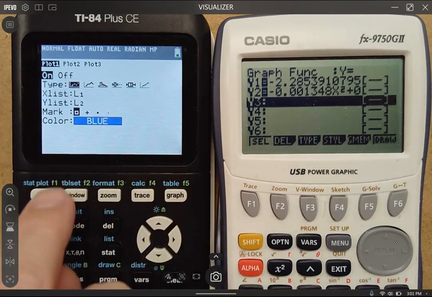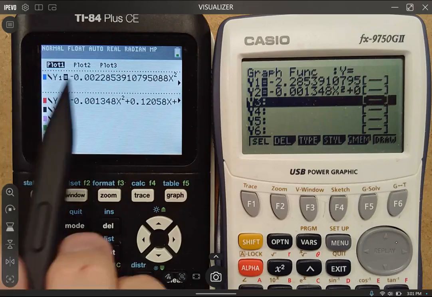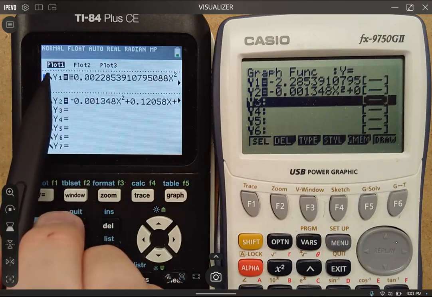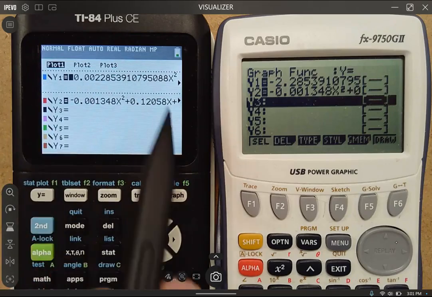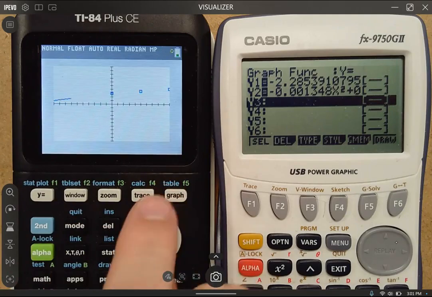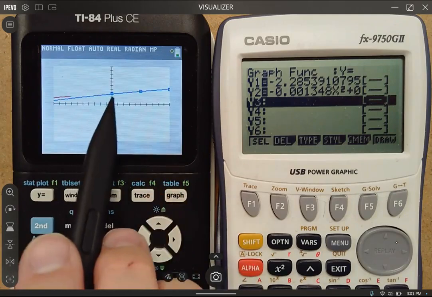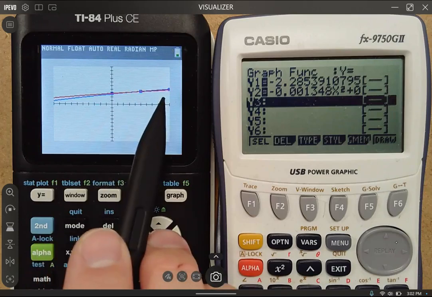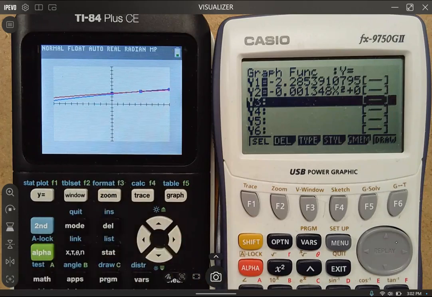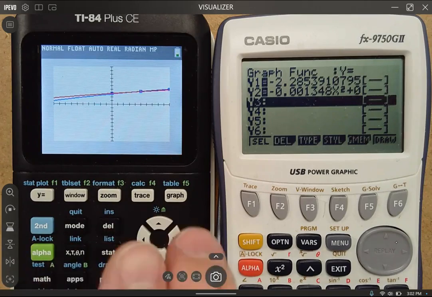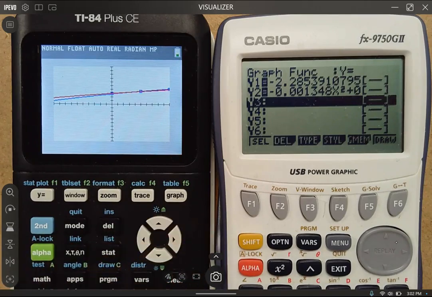The plot is on. I go to y equals. I have my 2 equations, and notice my plot is highlighted. So I can go ahead and go over to graph. And as you can see, I have some data points in there. Now, we can't see everything, so we need to adjust our window. If we look back at our data, it was from 0 to 70, I believe.